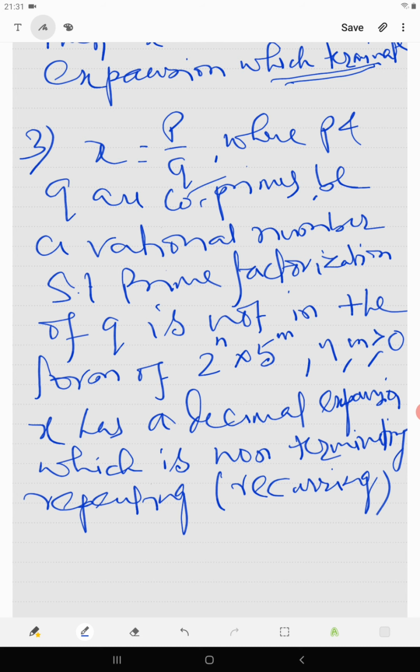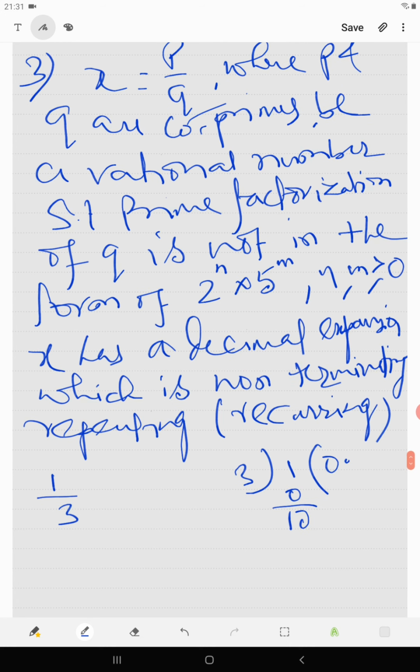So what does it mean, repeating, recurring? If you divide 1 by 3, you can see this: 0.3, 3 nines are 9, 1, again 10, 3. You see this?